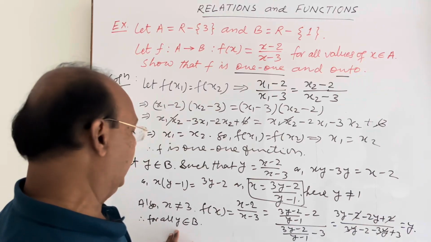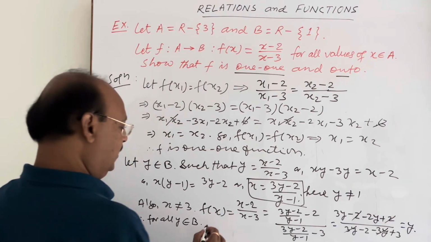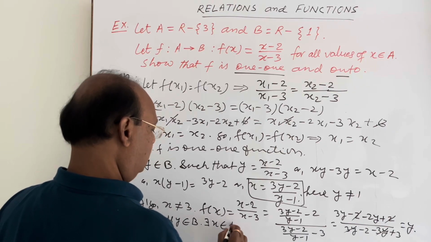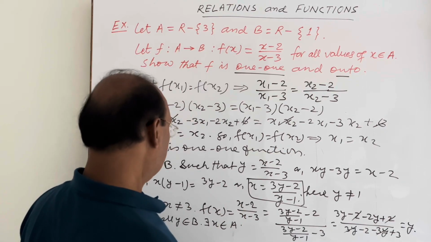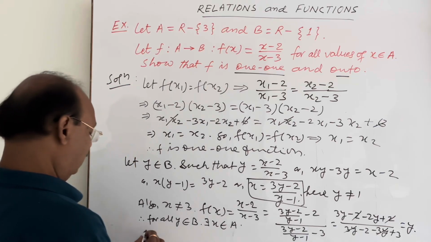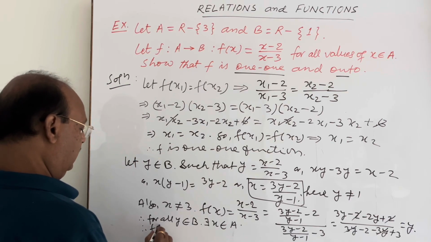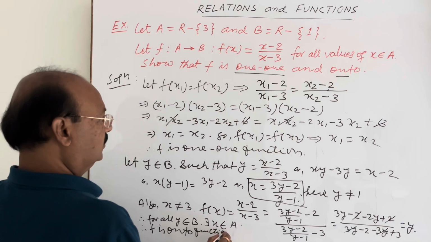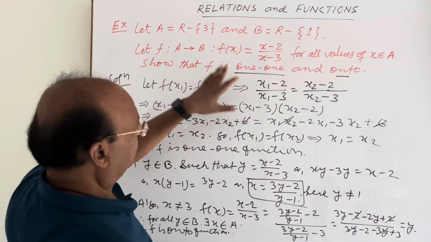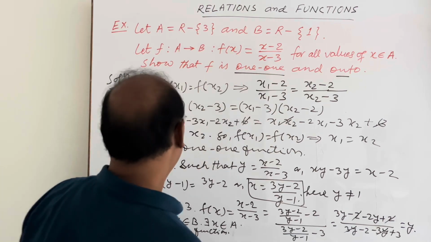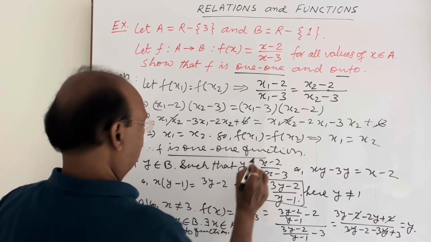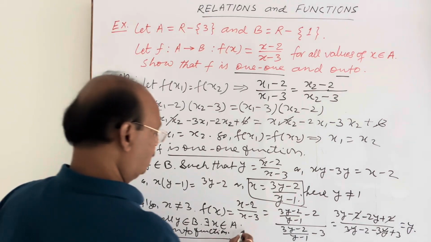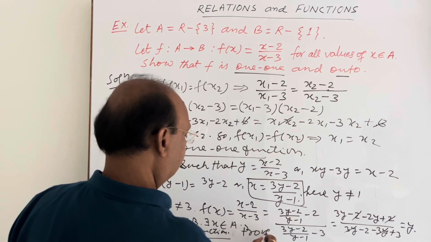So for all y belonging to set B, there exists x in set A. Therefore f is an onto function. So we were supposed to show that this function is one-one and onto. Here we showed that this function is one-one, and here we showed this function is onto. So it has been proved.